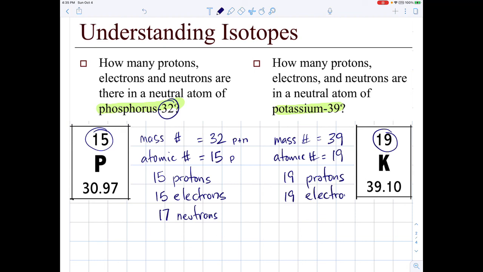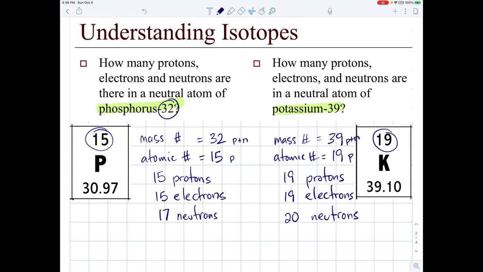Because it's neutral, it will have the same number of electrons. And finally, if it had 39 protons and neutrons, the mass number, and it's got 19 protons, subtracting those two things will tell me n, the number of neutrons, and in this case we're going to get 20 neutrons are in that isotope of potassium, okay, potassium-39.